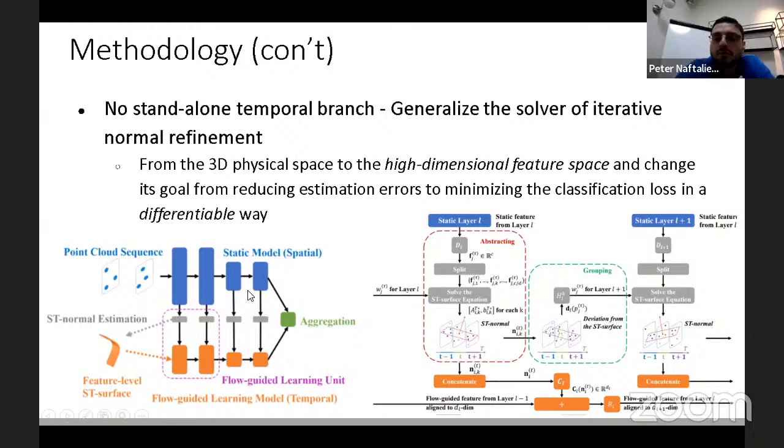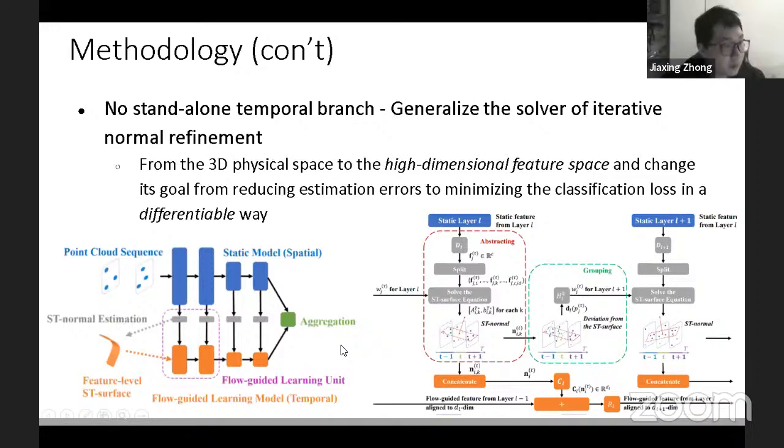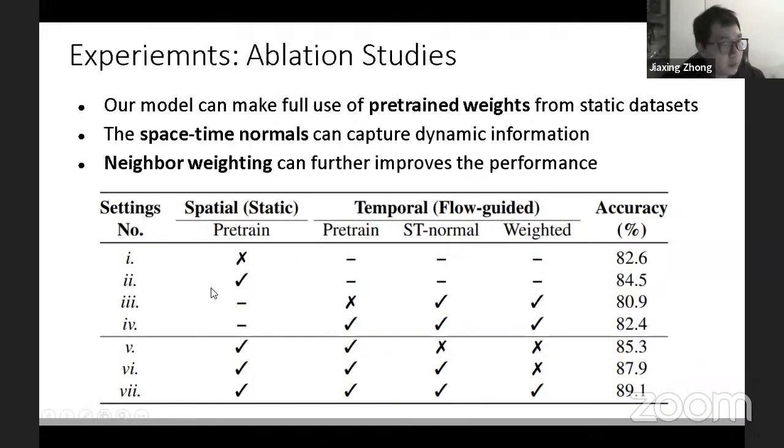Yeah. So I'm not following something. Can we go back to the table? Yeah, back to this slide. So we have a spatial static pre-training and we have temporal flow guided pre-training. And then if we look at row 5, we do both. So what's the difference between spatial pre-training and temporal pre-training? The differences would be here.